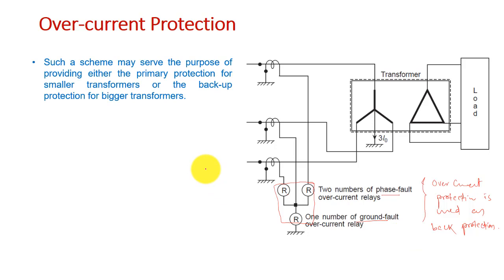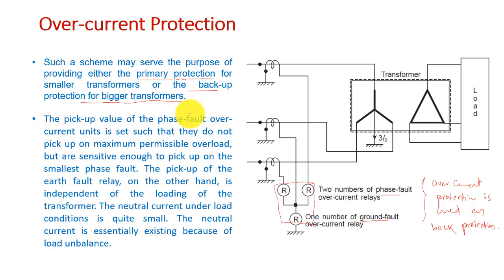Such a scheme may serve the purpose of providing either the primary protection for smaller transformers, or the backup protection for the bigger transformers, because for bigger transformers the differential scheme acts as the primary protection.